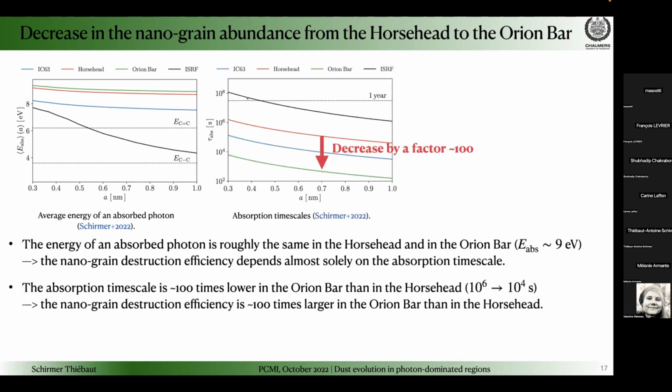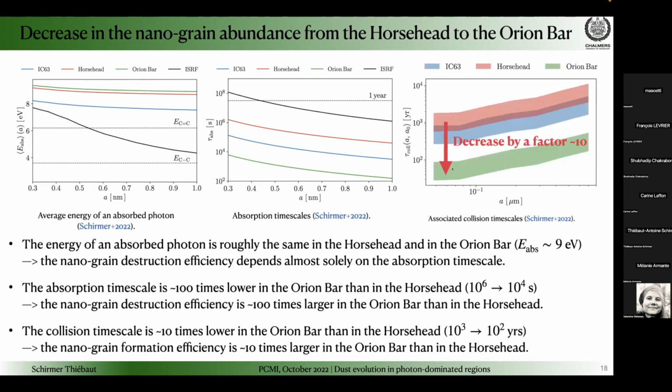And you see here that from the Ørsted to the Orion bar, there is a decrease by a factor 100 of the absorption timescale, which means that the nanograin destruction efficiency is almost 100 times larger in the Orion bar than in the Ørsted.